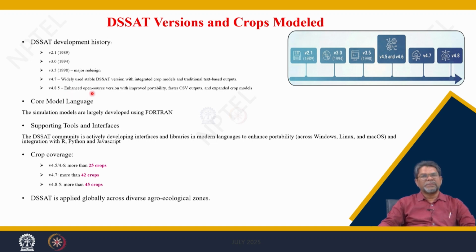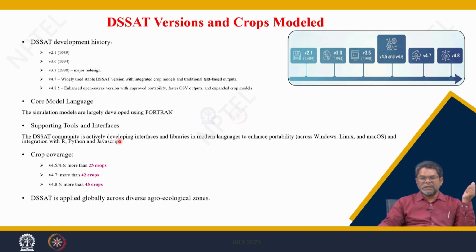This is free download software, and the model was largely developed using the Fortran language, but now the DSSAT community is actively developing interfaces and libraries in modern languages to enhance portability across Windows, Linux or Mac platforms. It can be integrated with R, Python and JavaScript, particularly for spatial analysis, making it a much simpler process; spatial variability maps and crop yield variability maps can be prepared using RStudio also.